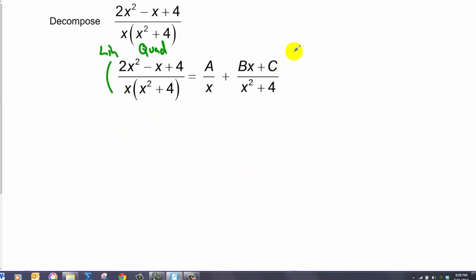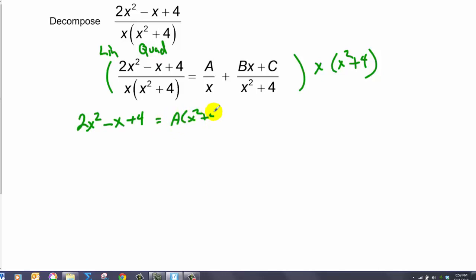I want to solve for a, b, and c, which means I'll multiply by x times x squared plus 4. This is going to give me 2x squared minus x plus 4 is equal to a times x squared plus 4 plus bx plus c multiplied by the quantity of x.